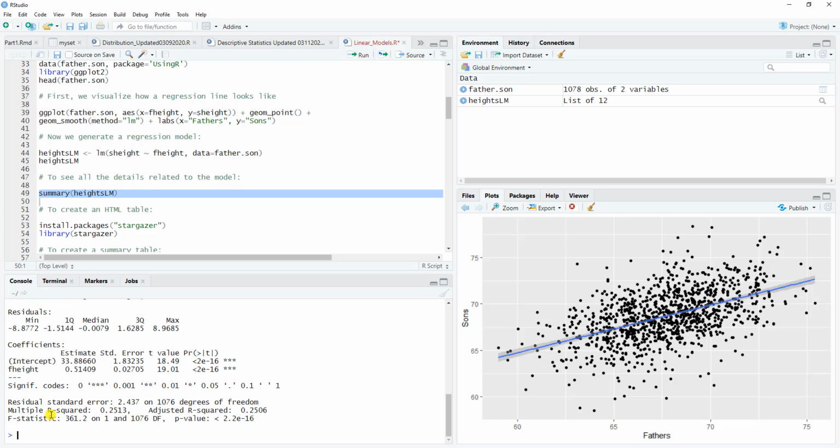Another important output of the regression model is the so-called R-squared or adjusted R-squared. They're almost the same. The only difference is that adjusted R-squared penalizes you for adding additional predictors, meaning independent variables, into the model, because if you keep adding predictors, your R-squared will go up, and since your model needs to be parsimonious, you need to be penalized for that.